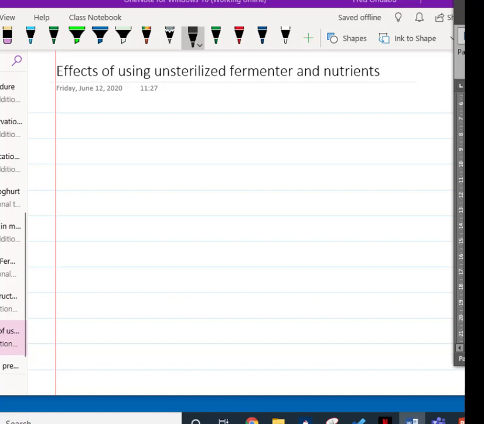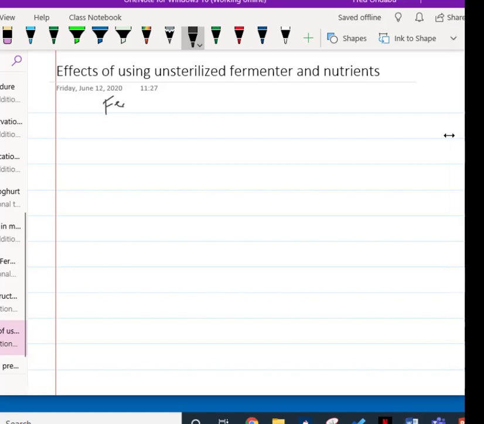First, note that when fermentation is finished, the products are collected.